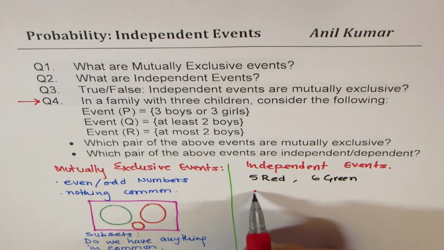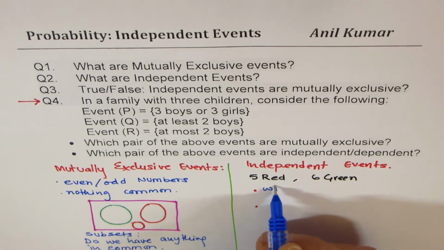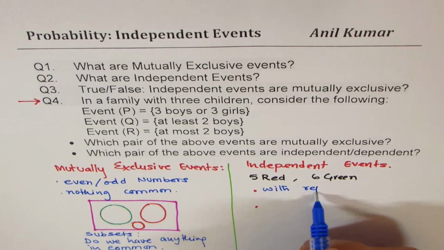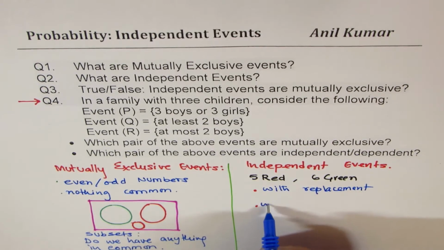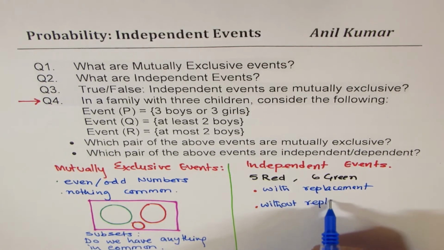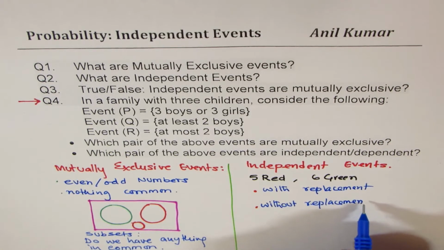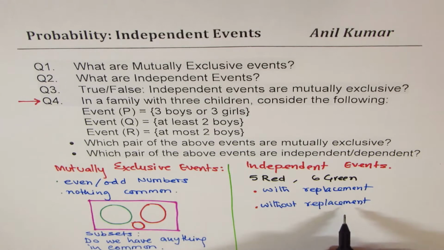Scenario 1 and 2, they are with replacement, and the other is without. Now what happens? So these are the two scenarios, with replacement, without replacement.